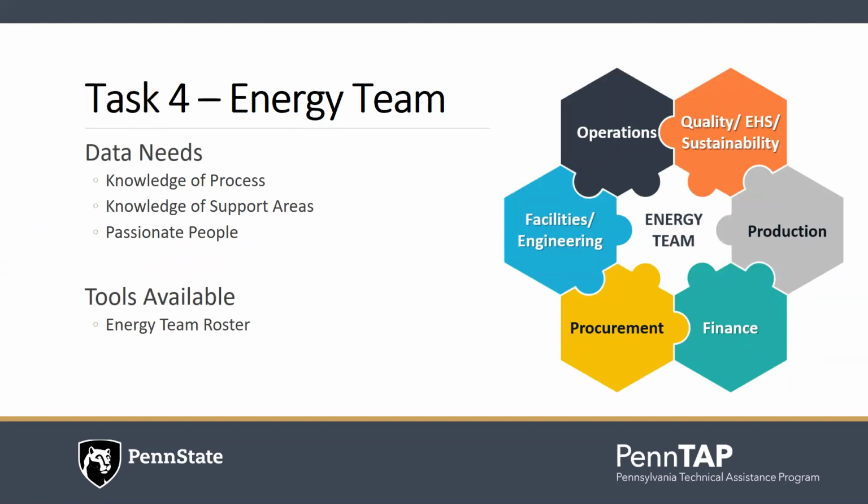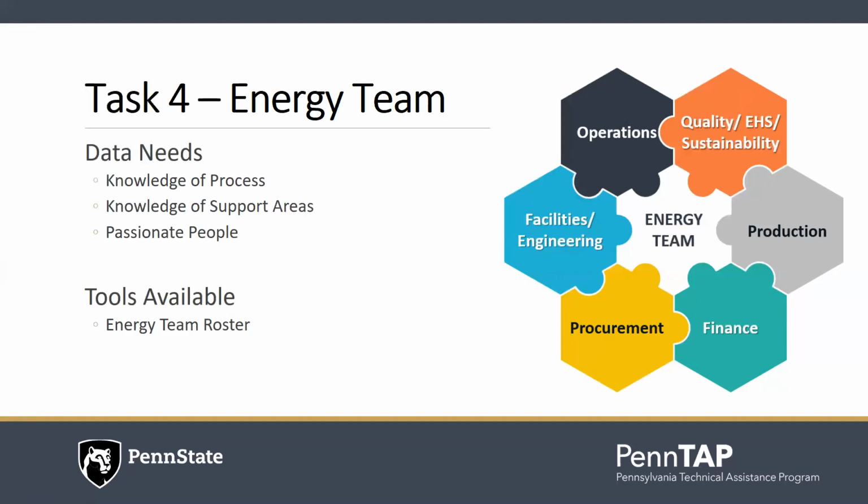In some facilities, you'll see that one person covers, say, 3 of these groups. But in other large facilities, you might need multiple people from the production side, or procurement might have multiple layers that you need to work with. So the first person working on this will need a good understanding of both the process, who's working on the process day in and day out, as well as any support areas.